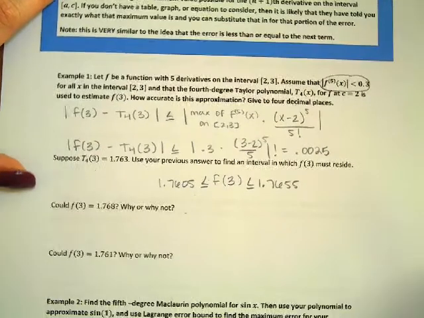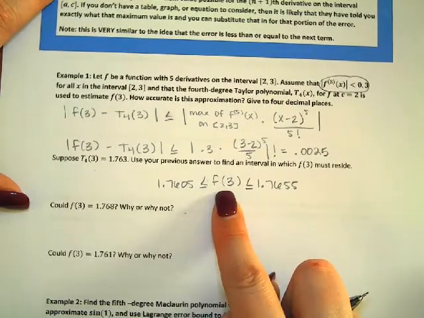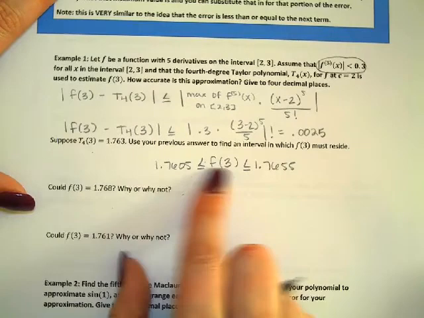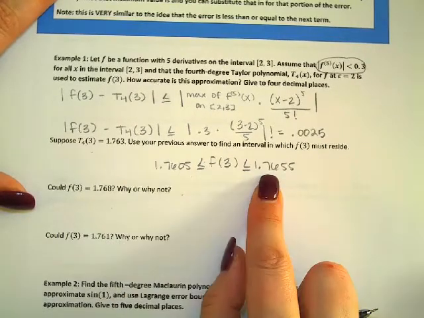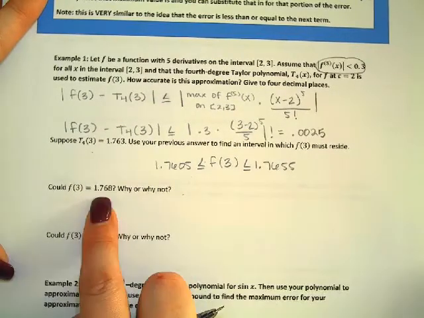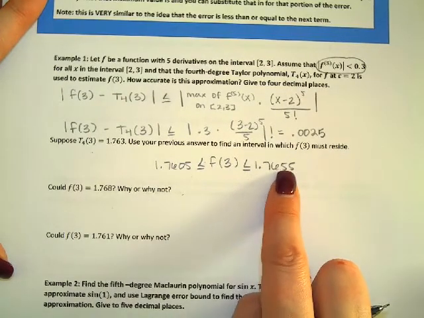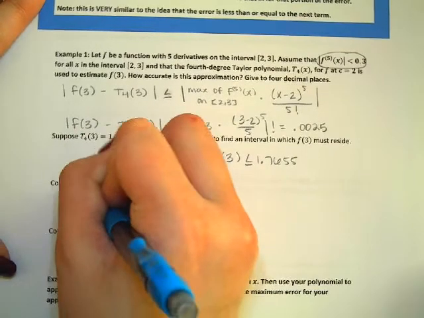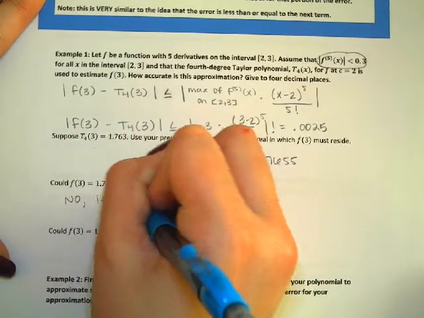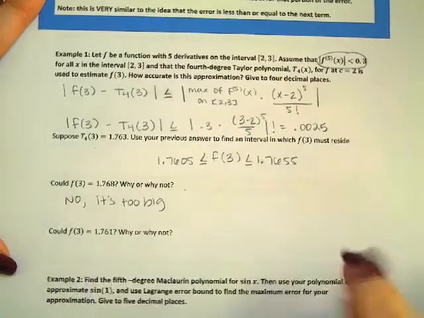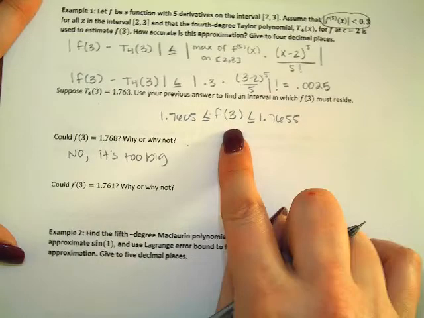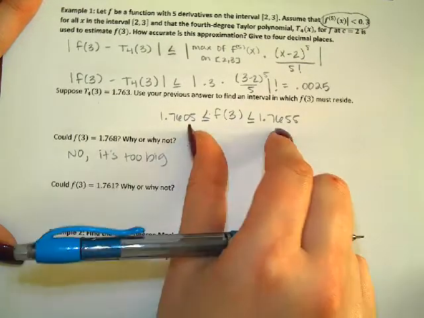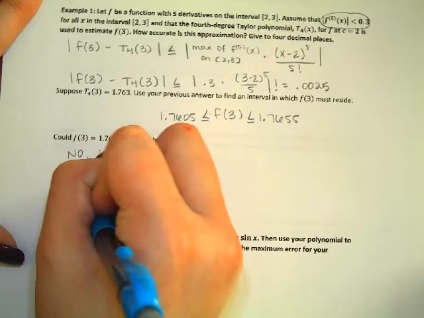So the actual value of the evaluation should be in between 1.7605 and 1.7655. Could it be 1.768? No, 1.768 would be outside the interval. 1.761, yep, that's right, inside the interval.